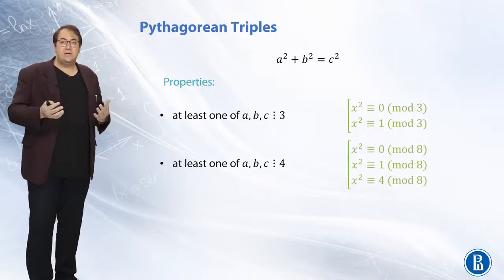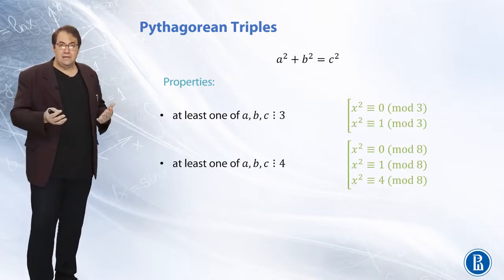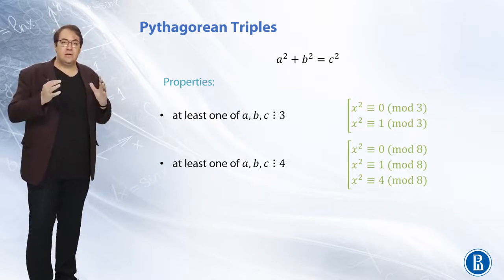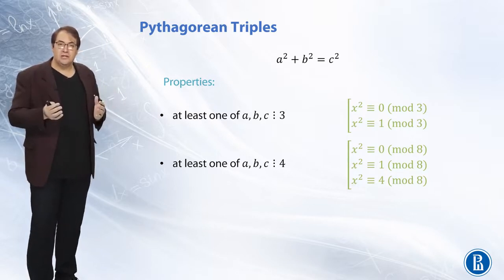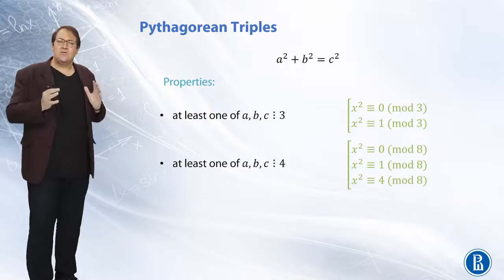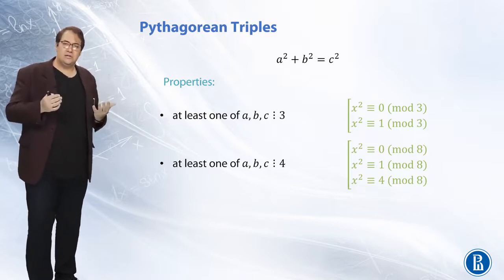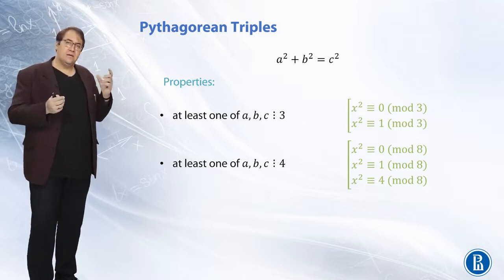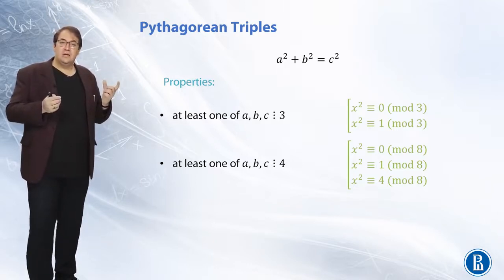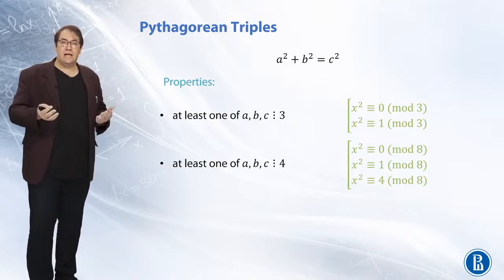So let's consider remainders of squares of integers modulo 8. It's easy to check that only 0, 1 or 4 could be such remainders. So if we suppose that none of them is divisible by 4, this would mean that none of the squares gives remainder 0 when divided by 8. So in the Pythagoras equation, we will have to use only 1 or 4 modulo 8.